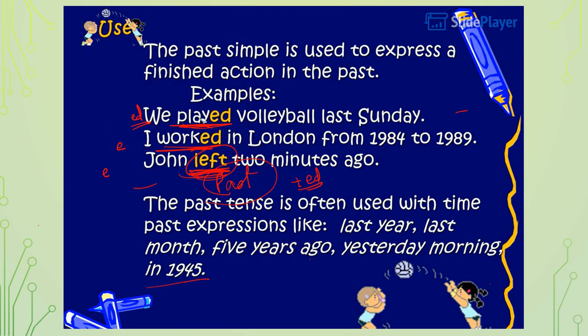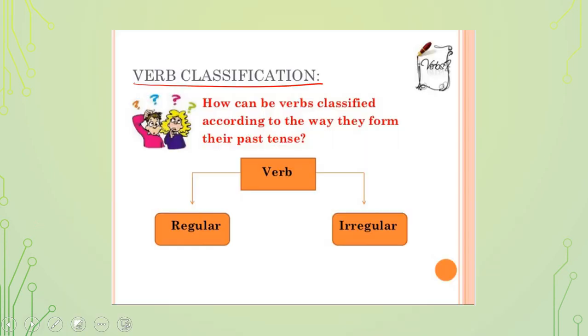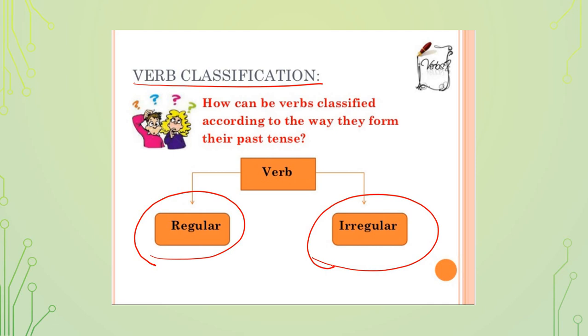Why is this happening, student? This is happening because the verb can't just be converted into past tense by adding ed. Sometimes the entire word is changed, a new word is used or some other rule is used. So that is why verbs are classified into regular verbs and irregular verbs. Those which are formed by adding ed to the base verb are regular verbs.